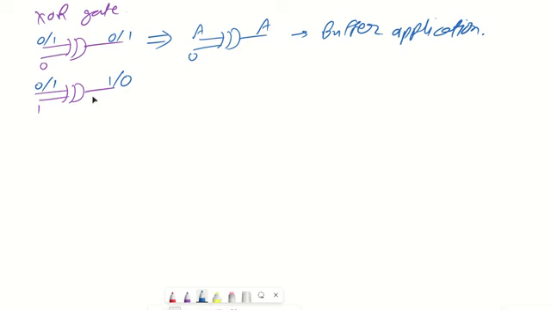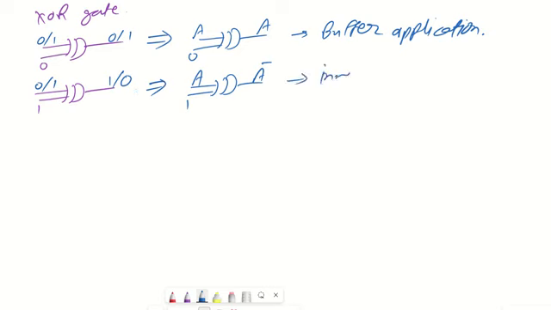Now let us see this one. This is my XOR gate, and one of the inputs is tied to 1. If we tie this to 1, my 0 is becoming 1 and 1 is becoming 0. It means if my input is A, my output is getting inverted. So it is nothing but an inverter application.